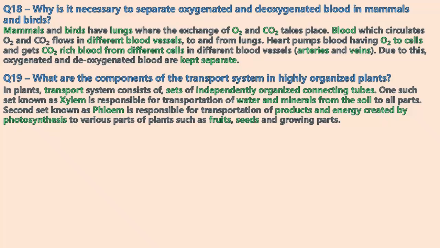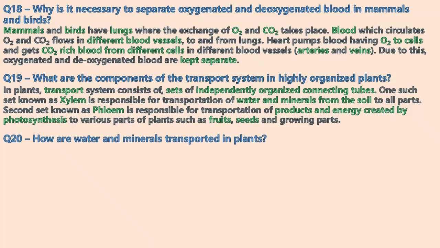The second set, known as phloem, is responsible for transportation of the products and energy created by photosynthesis, that is food, to various parts of the plant such as fruits, seeds, and growing parts.